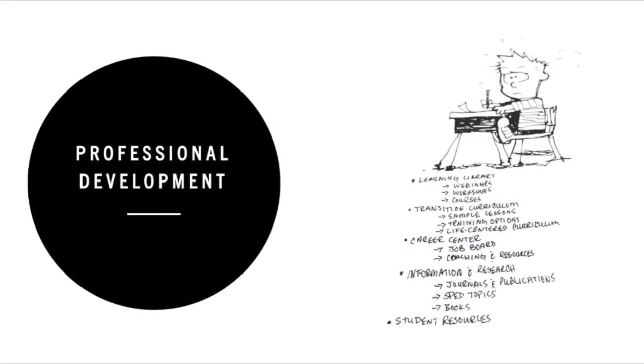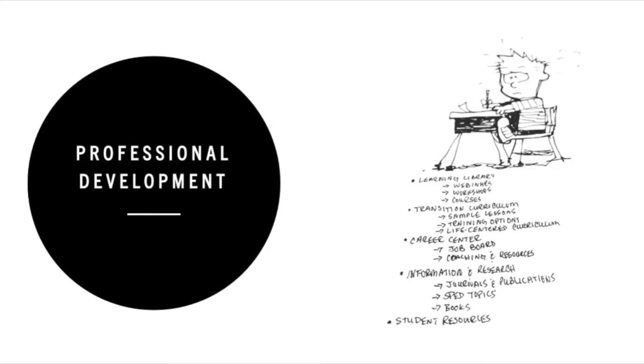Resources that are available on the Council for Exceptional Children website include a learning library, which features webinars, workshops, and courses. Transition curriculum complete with sample lessons. There are over 1,200 actual life-centered curriculum lessons with a focus on the idea of thriving and focusing on life goals after schooling.